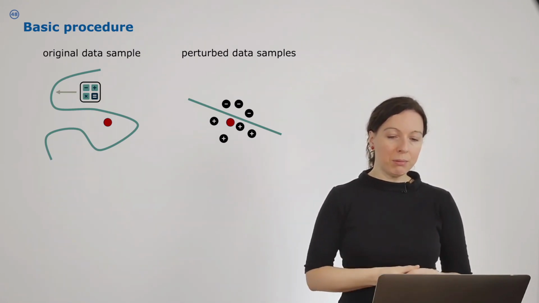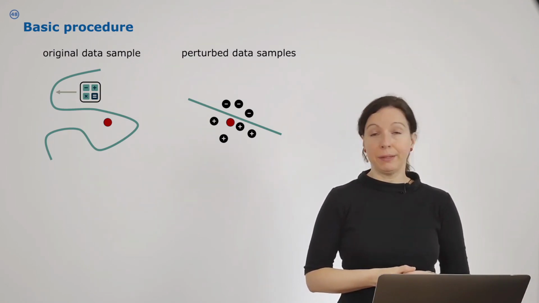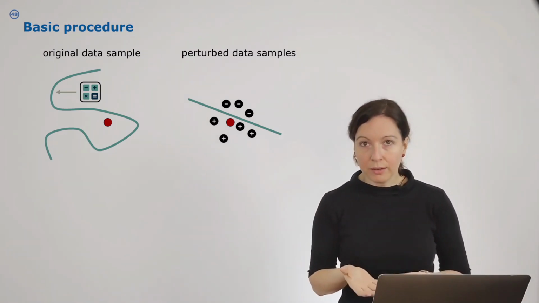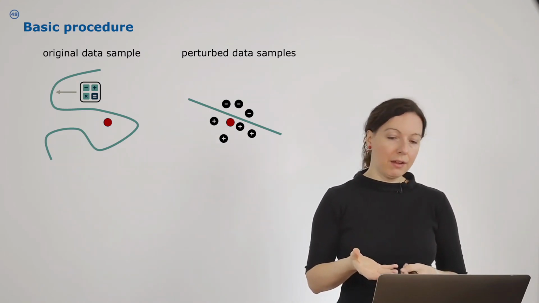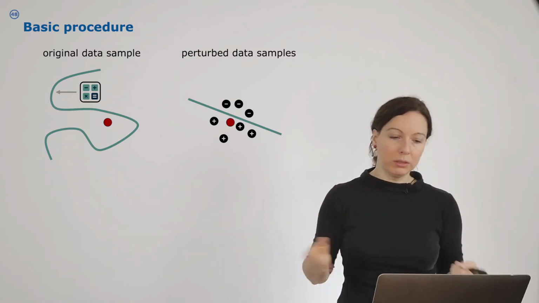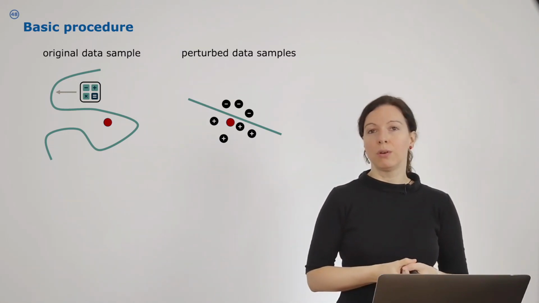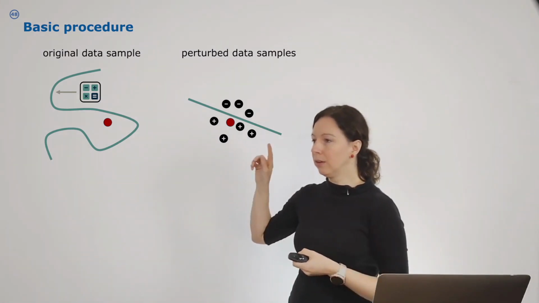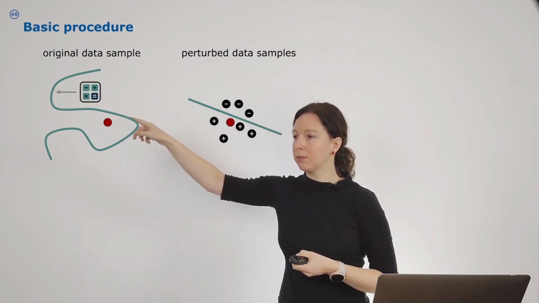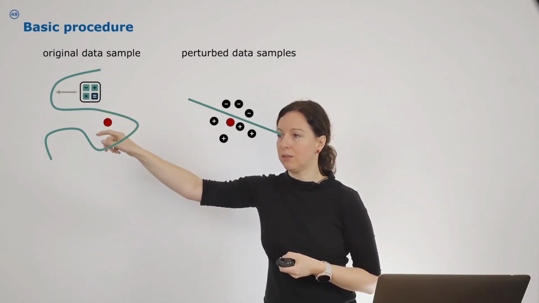So this interpretable model can be anything that is easy to interpret. And the learned model should be locally a good approximation of the machine learning model prediction, but it doesn't have to be a good global approximation. This kind of accuracy is also called local fidelity. So this here is only a good approximation actually in the vicinity of this red point.